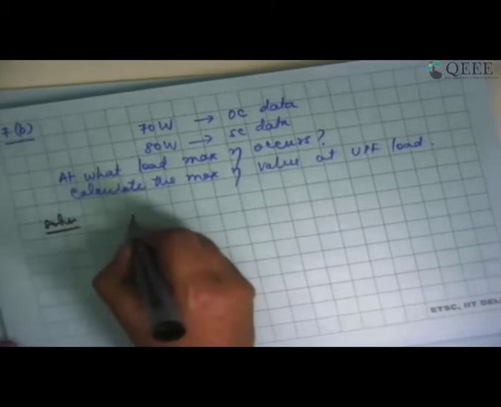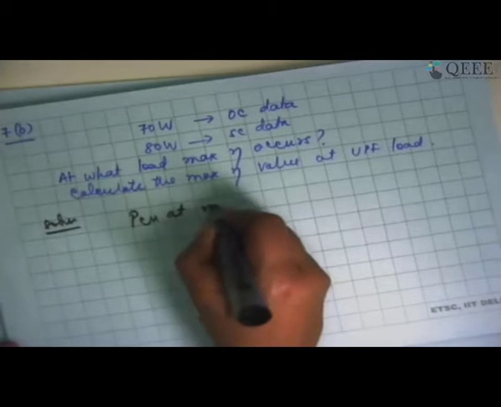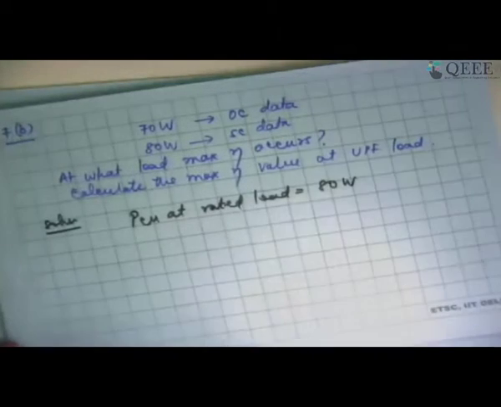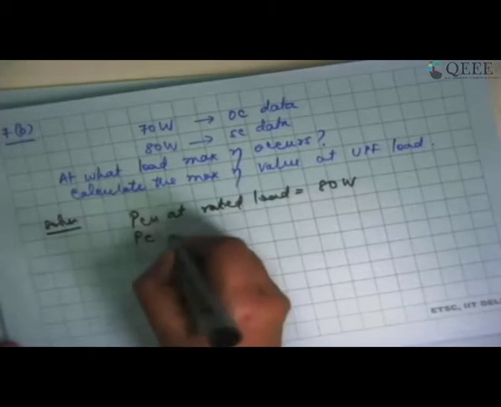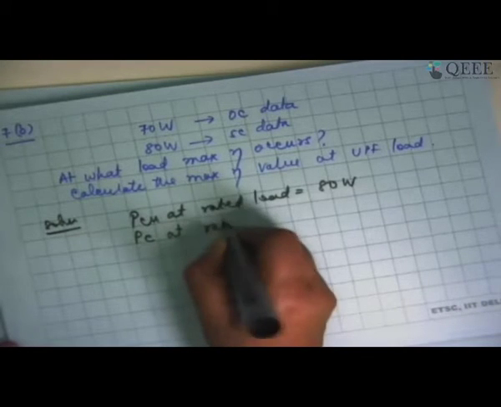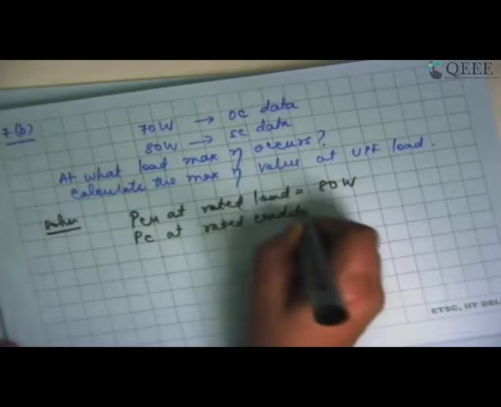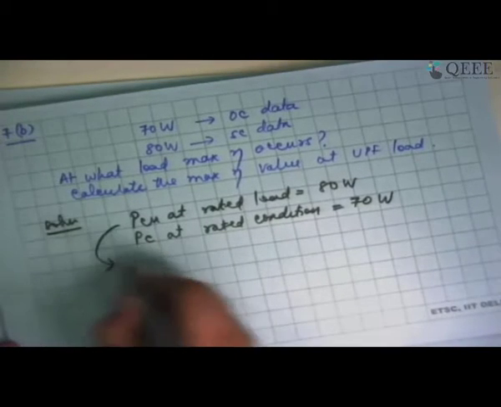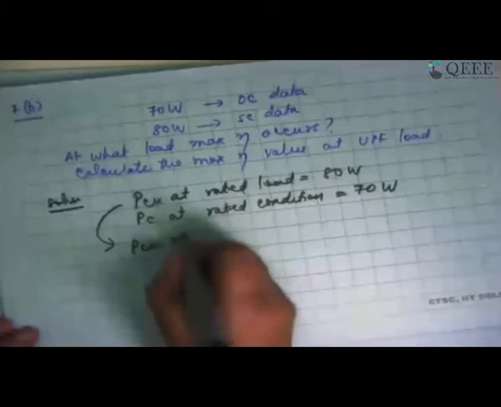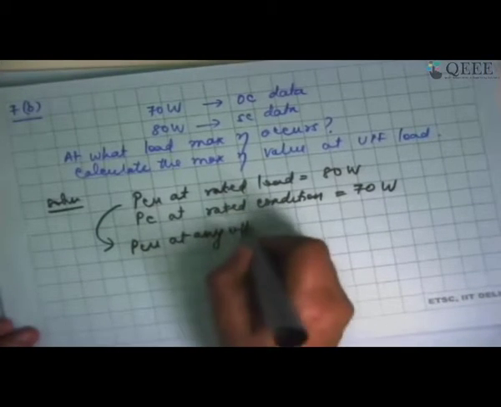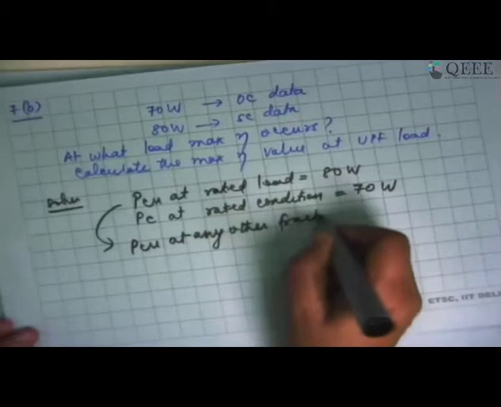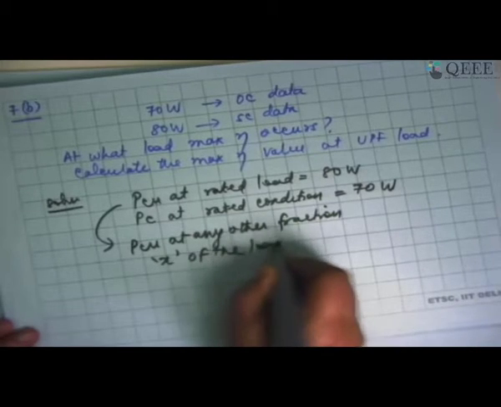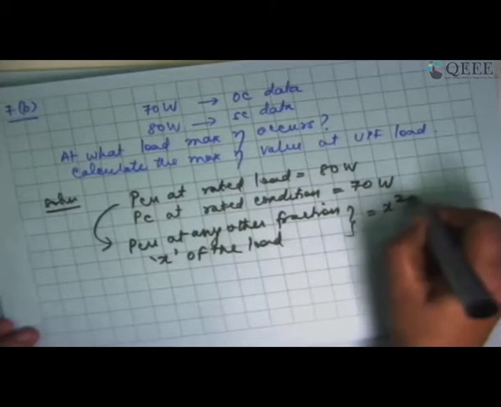I have got PCU at rated load, that is 80 watts. PC at rated condition is 70 watts. Now I can say PCU at any other fraction x of the load is x square times PCU.